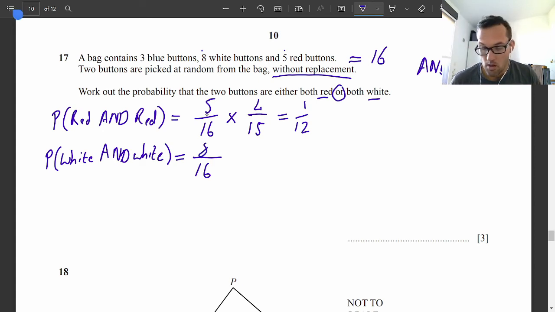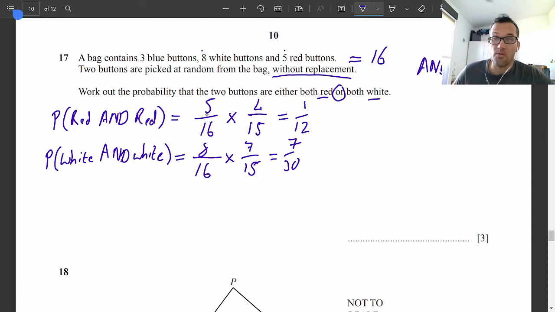Okay, half of them are white. Then, and the following has to happen. After, 15 buttons are left, there's now 7 whites left. Right, let's throw that into our calculator. And we get 7/30.